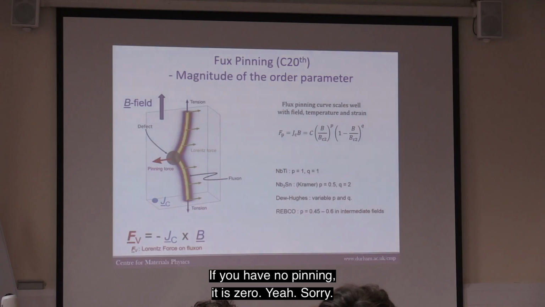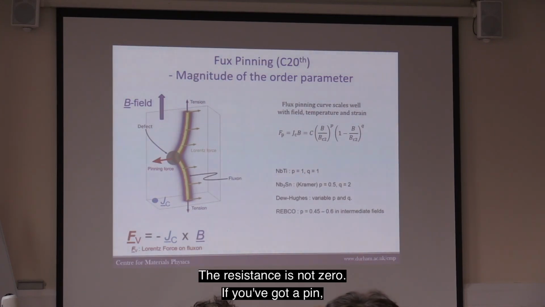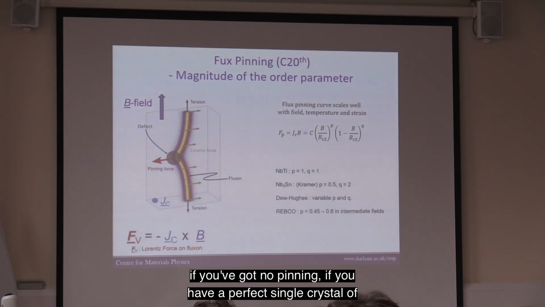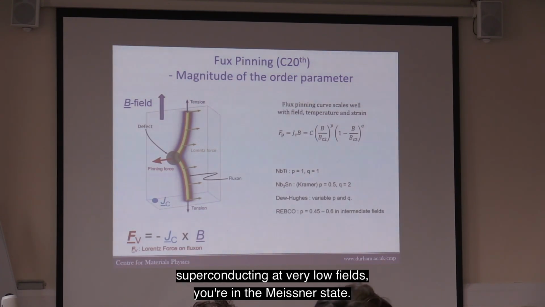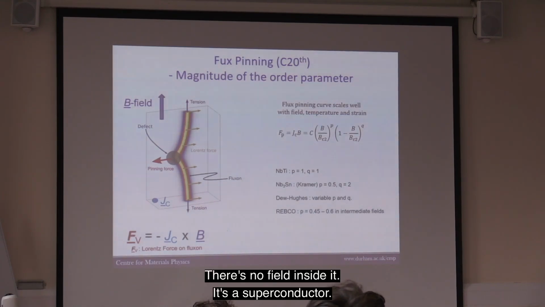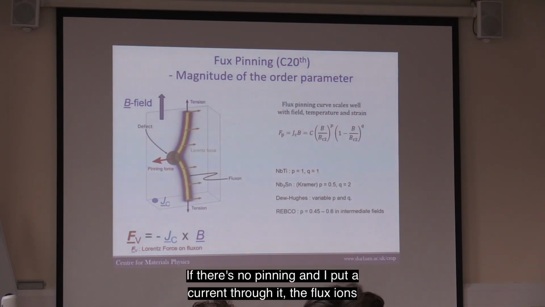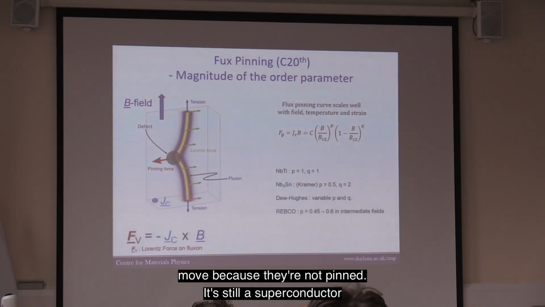It is. If you have no pinning, the resistance is not zero. If you have a perfect single crystal of superconductor, at very low fields, you're in the Meissner state. There's no field inside it. It's a superconductor. In high magnetic fields, you're in the mixed state. If there's no pinning and I put a current through it, the fluxons move because they're not pinned.